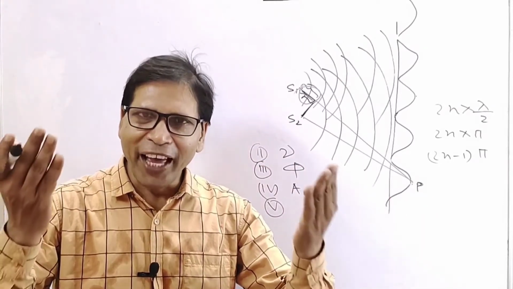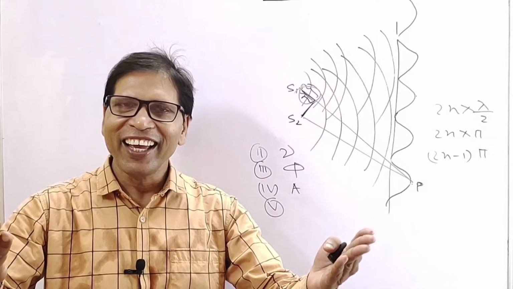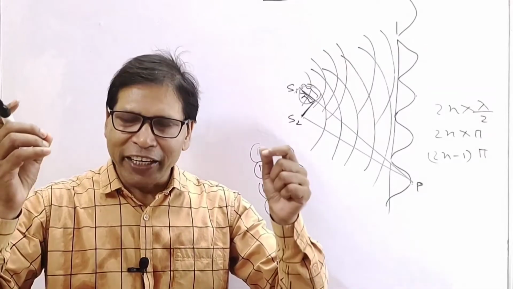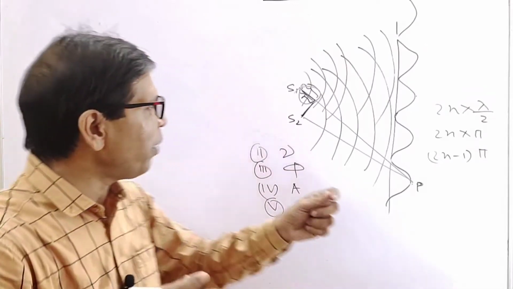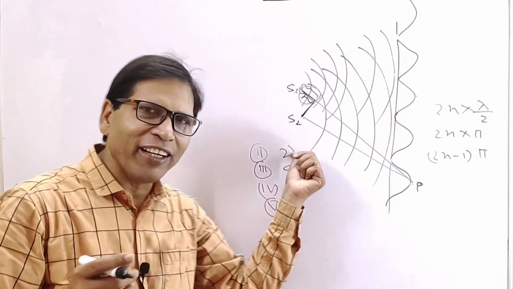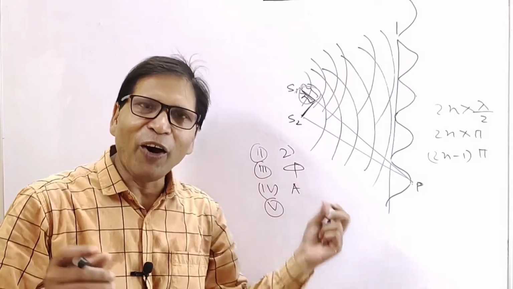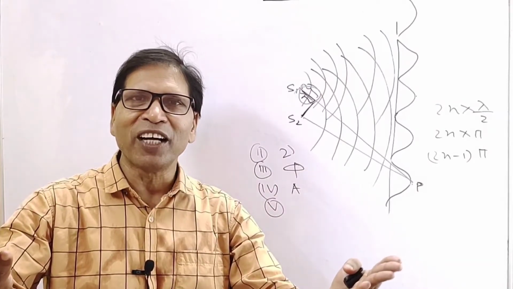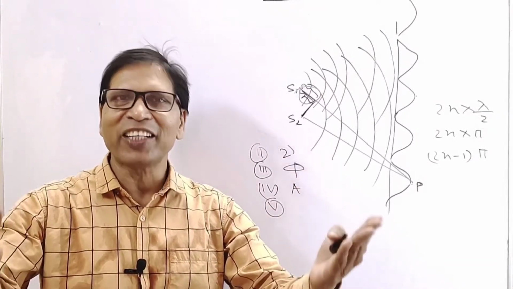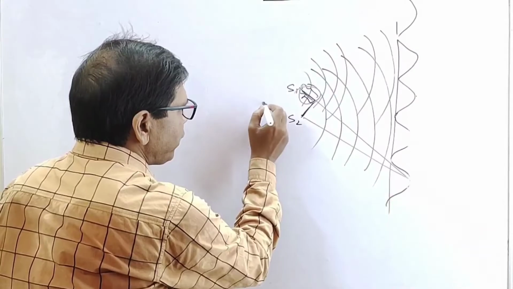So coherence is very important for interference. Okay? Now the definition of coherent source, very simple. Two sources having same frequency, constant phase difference, equal or almost equal amplitude are called coherent sources. Now production of coherent sources. Look at this.